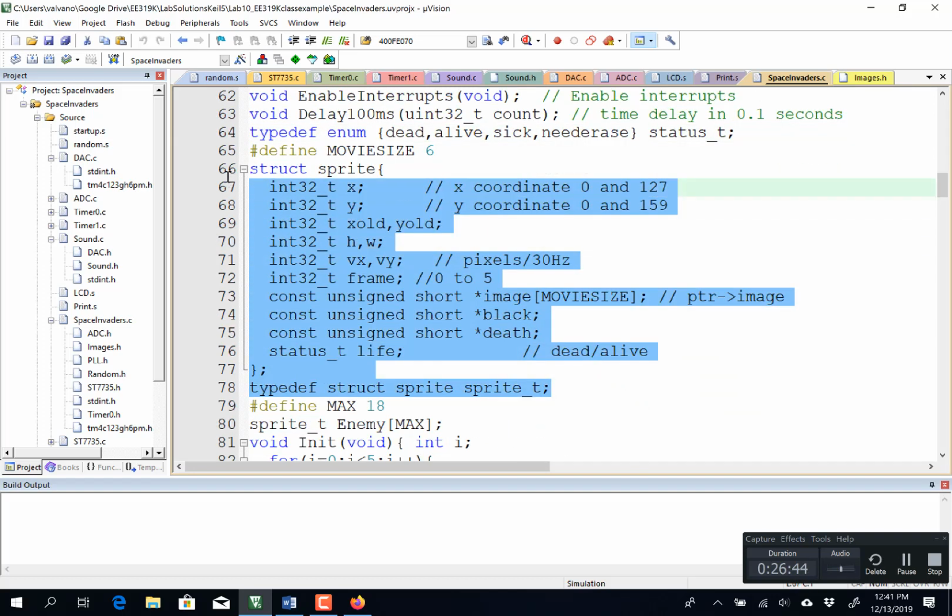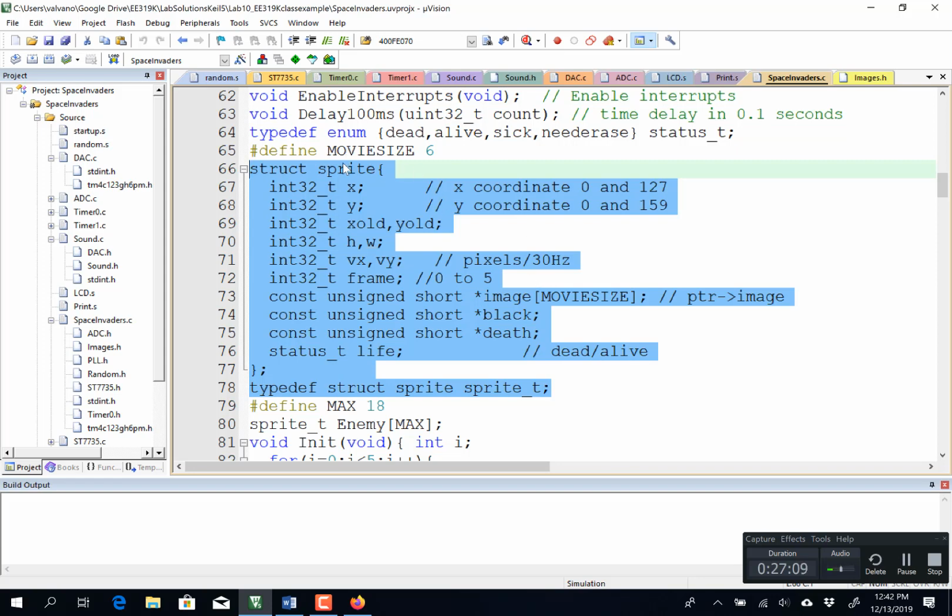So the approach to creating a typedef, creating a structure, there's lots of ways. This is one way. We create a struct sprite without any underlines.